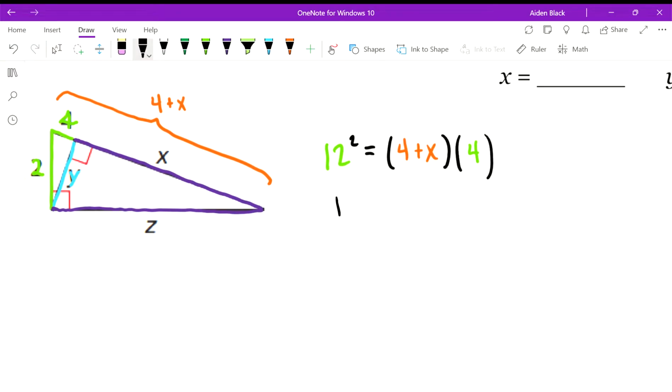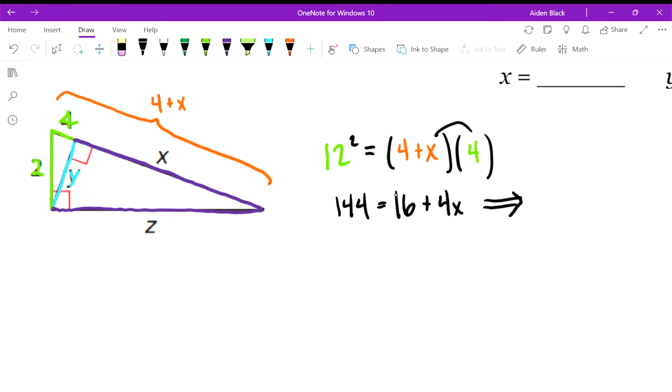Now we all know 12 squared is 144, and here we have to distribute. 4 times 4 is 16. 4 times x is 4x.